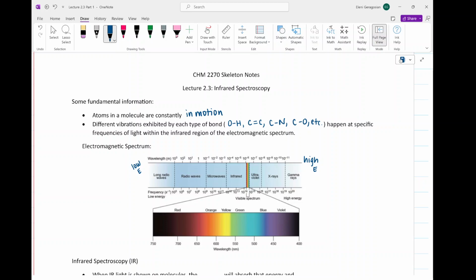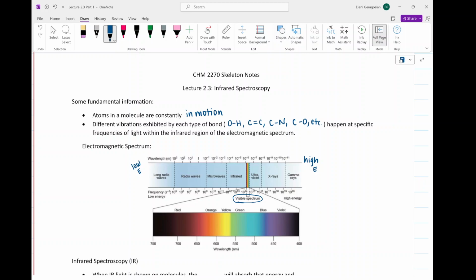The high energy will be on the left and the low will be on the right. But this very small portion here is the visible spectrum. So visible light is in that region. And then other types of light with higher and lower energies we cannot see, but there's still waves with those energies and in those regions.